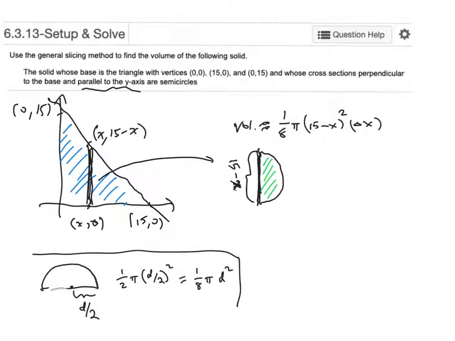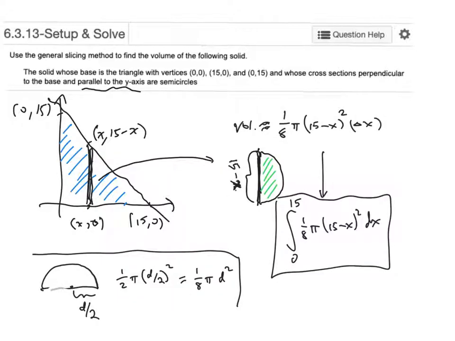So therefore, the sum of those is the estimate of the total volume, and in the limit, that becomes the integral of 1/8 pi (15 minus x) squared, and the delta x becomes dx. And then the limits of integration are just the possible values of x in the picture, which are pretty clearly 0 to 15. So this is the integral that will answer the question.